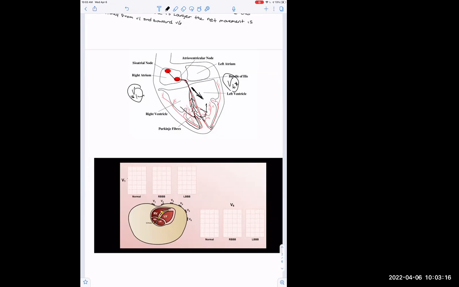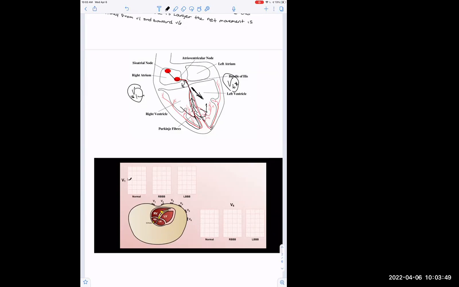Upward. Yeah, so initially we will see when we have initial depolarization, the impulse moving toward V1 just briefly, but then that is masked by the depolarization of the left ventricle. So initially, we might see a little bit of an upward positive deflection in V1 for our QRS.